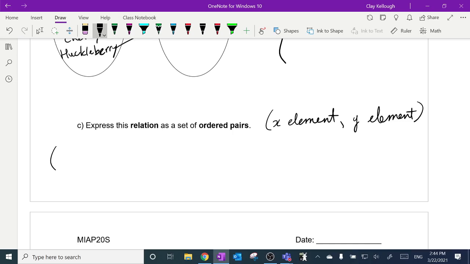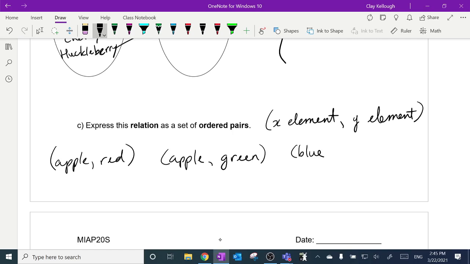So on the left, it's apple, comma, red, apple, comma, green. So it's the opposite of the oval diagram. They're just variables essentially, like an X, comma, Y, the same way you'd put coordinate pairs down if you were graphing something.